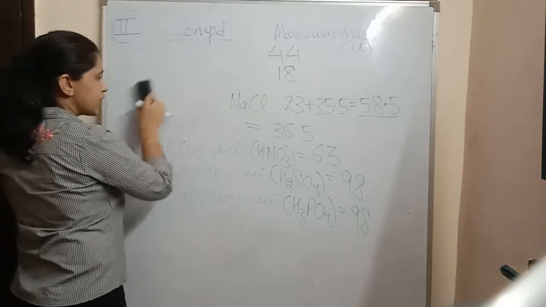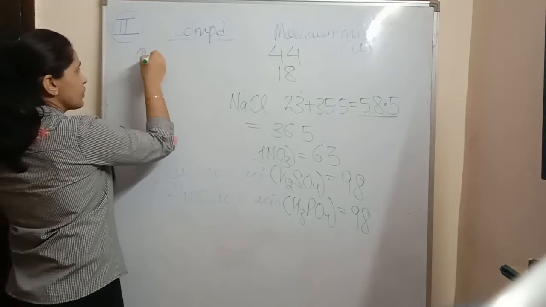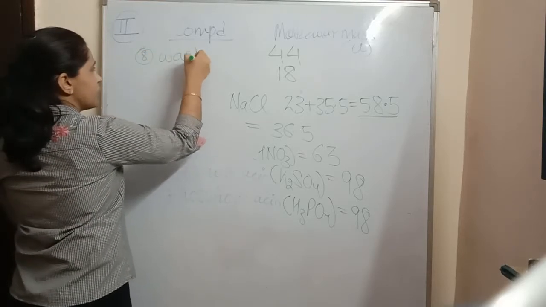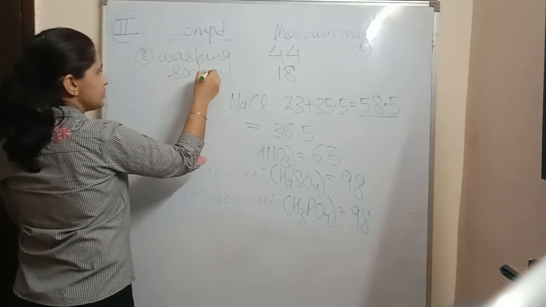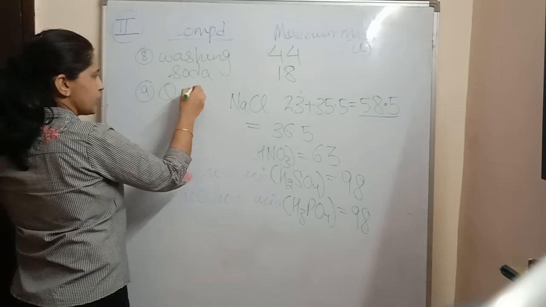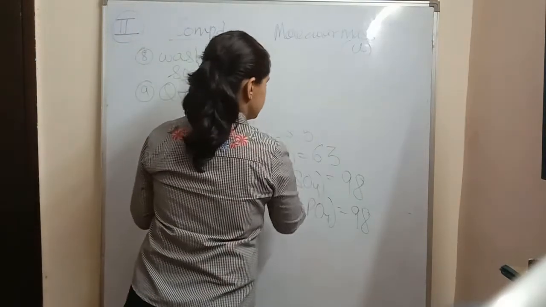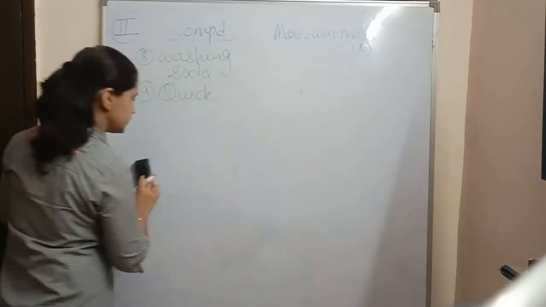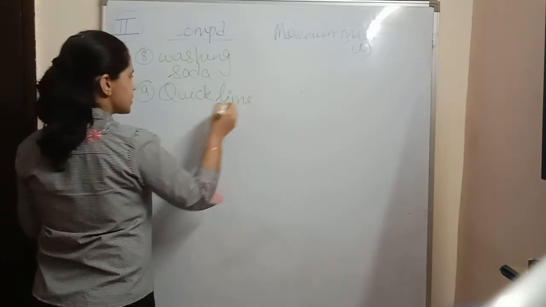Right? Giving you a few more. Washing soda, quicklime. Try to write their formula as well as the molecular mass.